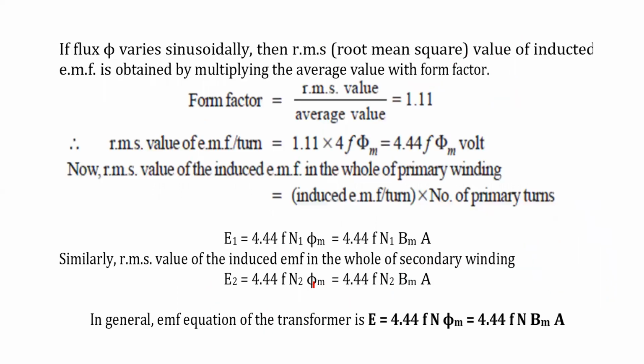According to the form factor, for a sinusoidal waveform, the ratio of RMS value to average value is, as we know, 1.11. This is for a sine wave, and this value is fixed at 1.11. From that, I'd like to find the RMS value. I know the average and I know the form factor value.